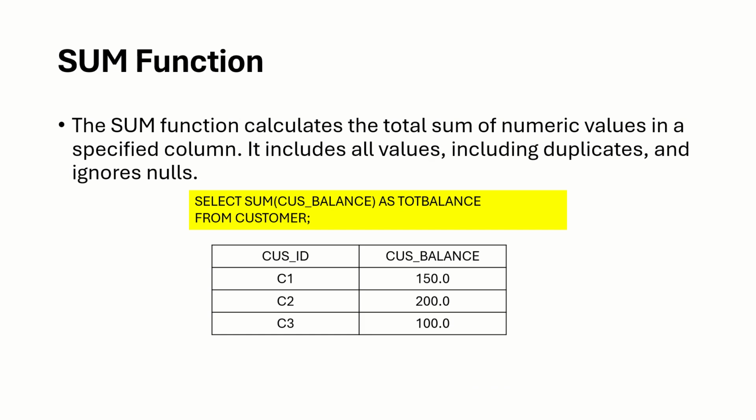Okay, the sum function will calculate the total sum of the numbers in a specific column. In this one, we're trying to calculate the total sum of the values in the column customer balance. It will sum them up and give you the total value, which is 450.